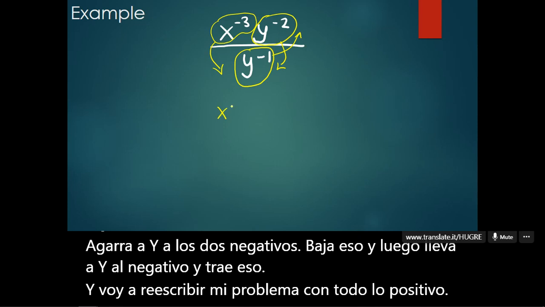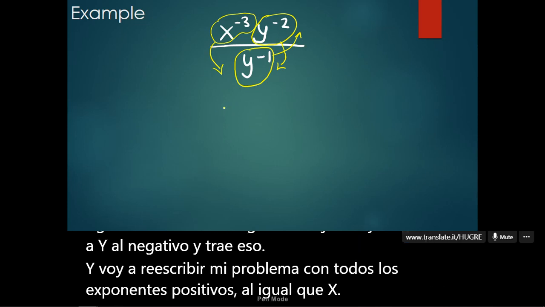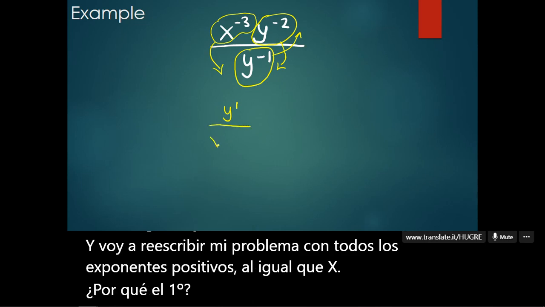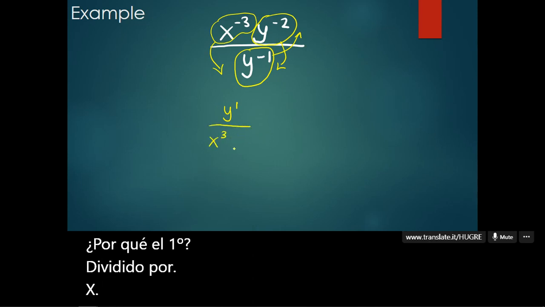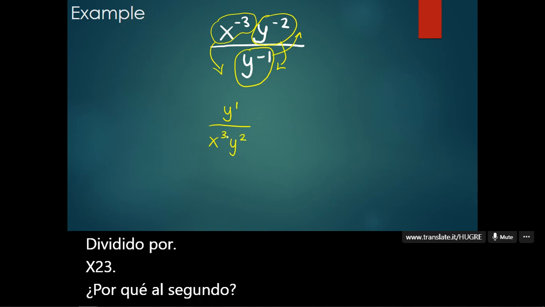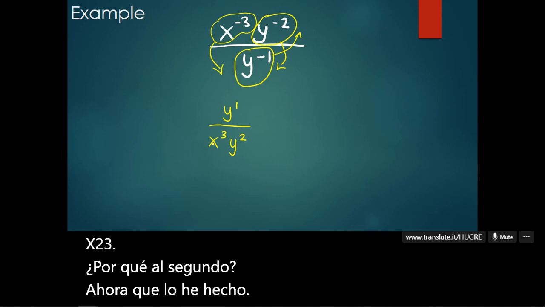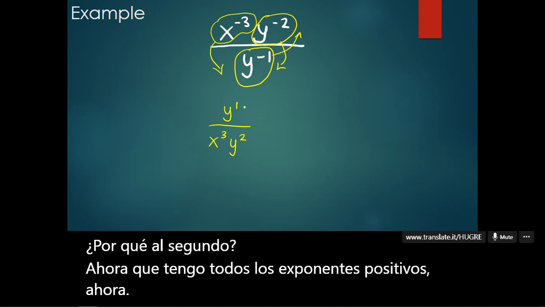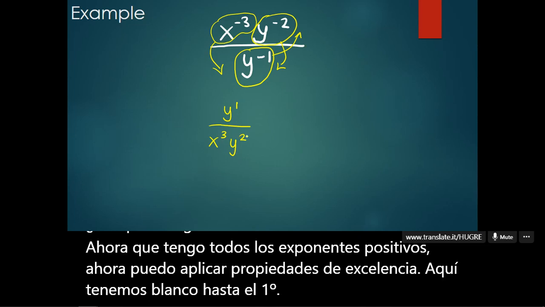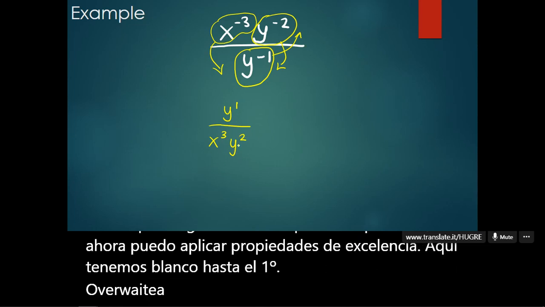So I have x, I have y to the first divided by x to the 3, y to the second. Now that I have all positive exponents, now I can apply the properties of exponents. Here we have y to the first over y to the second. So I'm going to have to subtract the exponents.